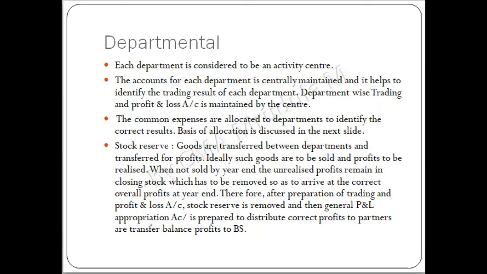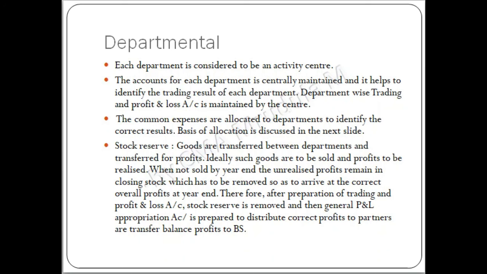But even at the year end, when these goods are not sold, they lie in the department's closing stock with unrealized profits. Now, these unrealized profits of the transferring department lying in the closing stock should be removed so as to arrive at the correct overall profits during the year end.